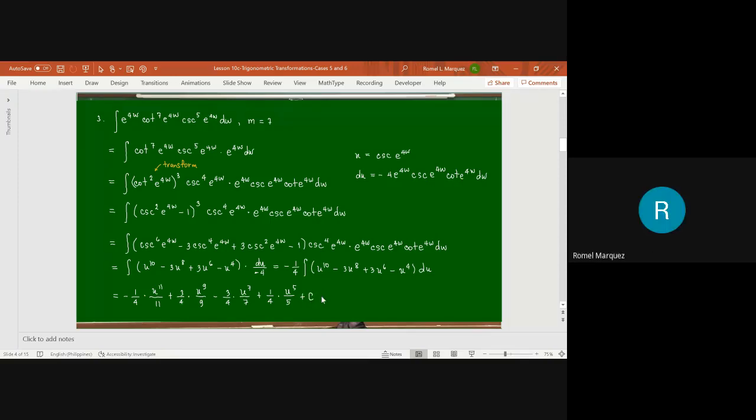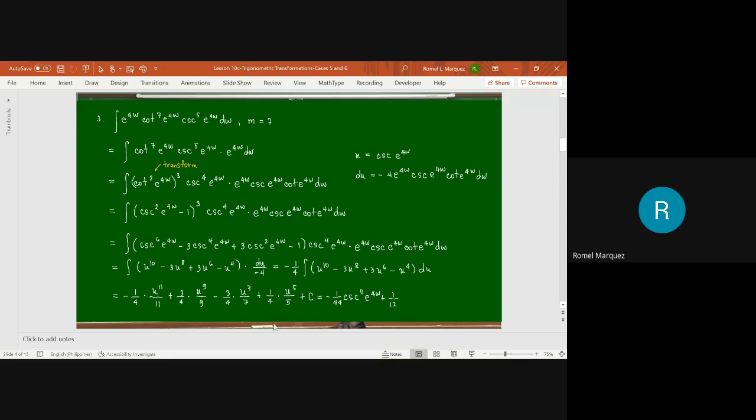Okay? Finally, we have negative 1 over 44 cosecant to the 11th of e to the 4w plus 3 over 4 times 1 over 9. So that is now 1 over 12.